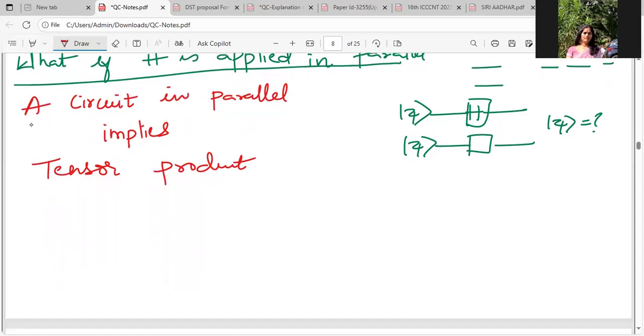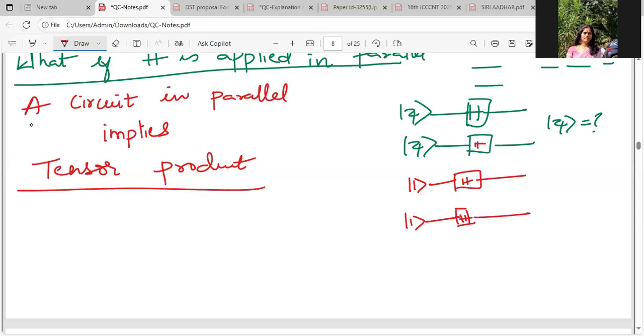Let us see what happens if, in the place of xi, I'm putting ket 1. If I am applying the H gate in parallel, something like H on ket 1 and H on ket 1, what does this give me?